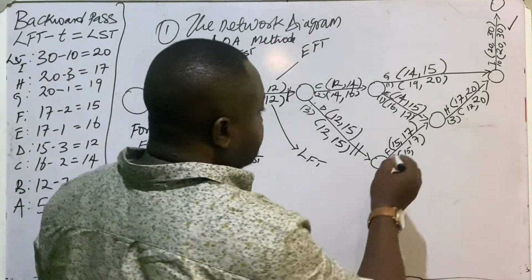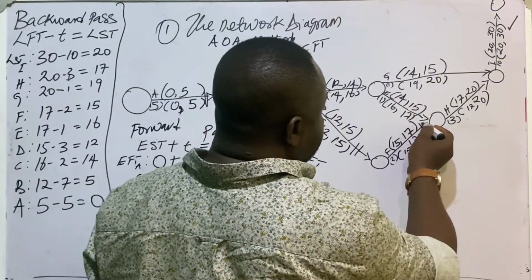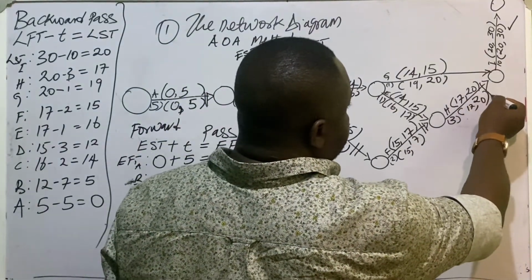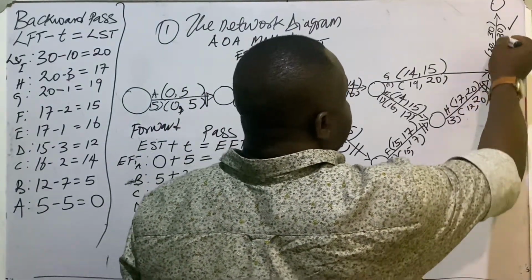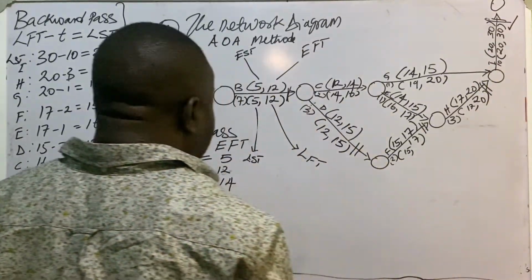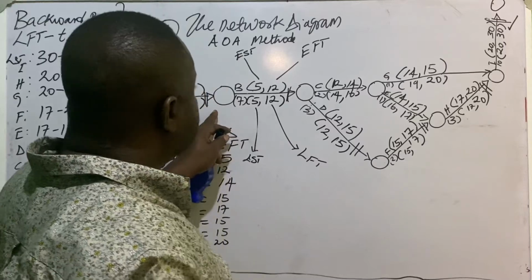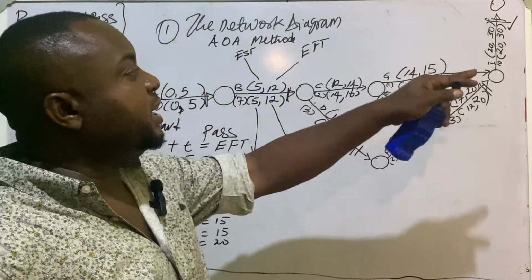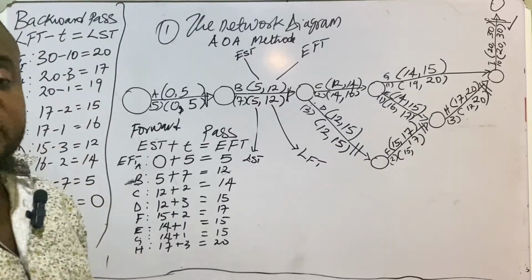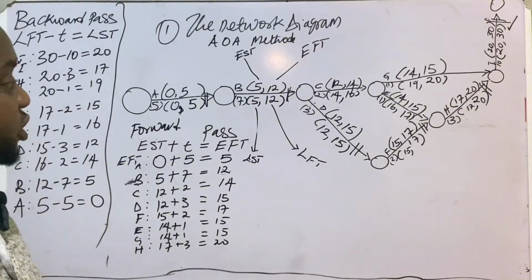Then this is another one. This is another one. And this is another one. So the sum of the activity times of all the activities that lie on the critical path will give you the minimum completion time for the project.